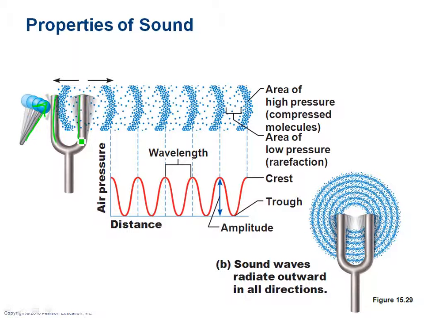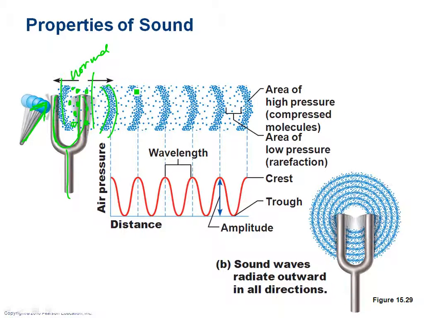I'll basically mention it. So here's a tuning fork, and this tuning fork has been hit by an object right here. What happened was there were areas of high pressure or low pressure, but before they became high or low, they were just normal. There were just molecules in the air hanging out. When this object hit the tuning fork, it pushes all of the molecules into a confined area.